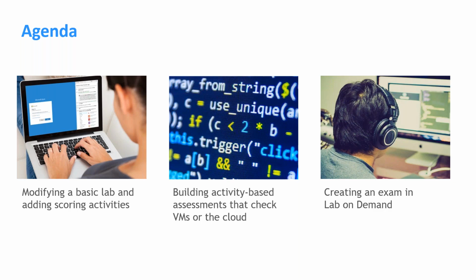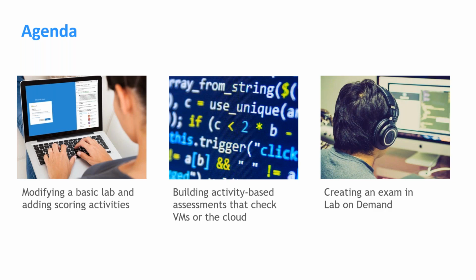Then we'll talk about adding activity-based assessments that check either your virtual machine or virtual machines, or check the cloud to make sure that things have been done. That is what gives you the power of being able to determine whether or not somebody has actually completed an exercise. And then last but not least, we're going to tie that all together with scoring capability.